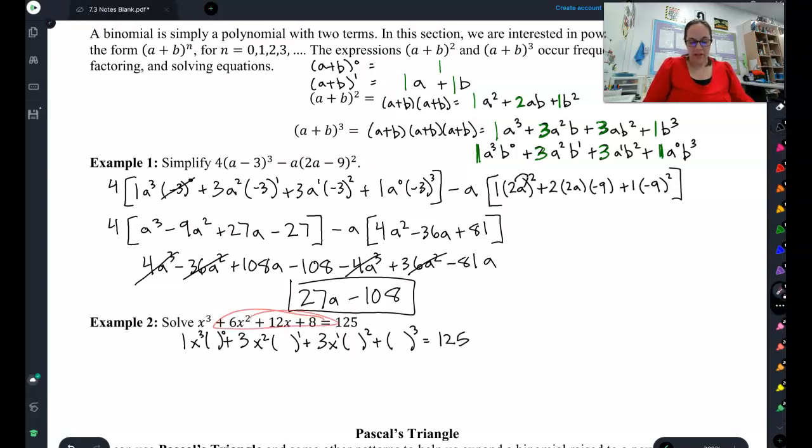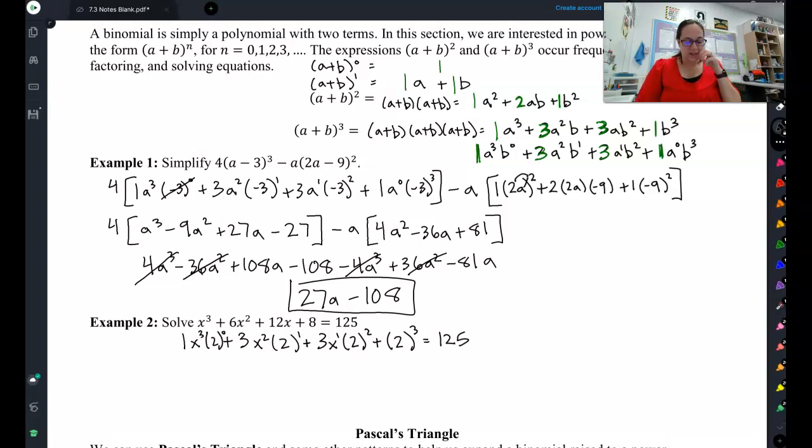So I've taken this and I worked backwards to put it into here. Now that I've written it like this, I can especially look at this last number and figure out what that needs to be. What cubed equals 8? Well, that's going to be 2. And I can see if I replace 2's here, I get the same thing as I have here.